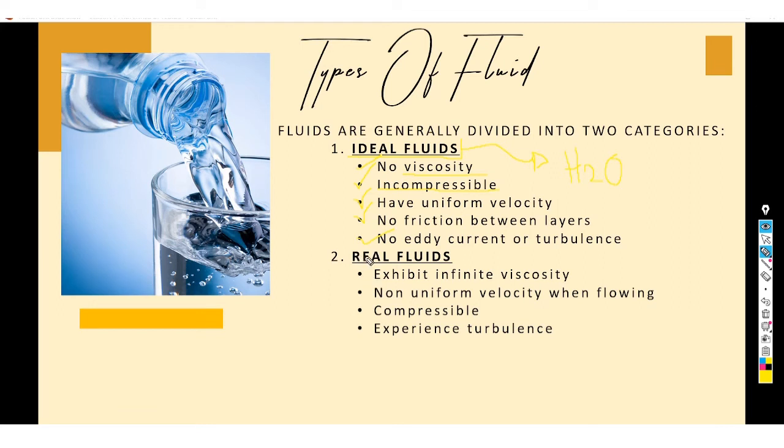And, on the other hand, real fluids exhibit viscosity. They have non-uniform velocity when flowing. They are compressible, and they experience turbulence. So, an example for real fluids naman is oil.